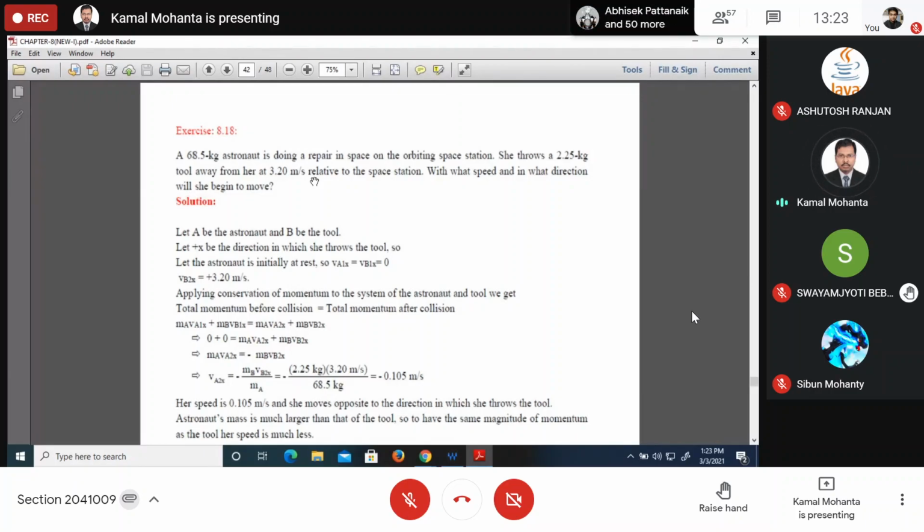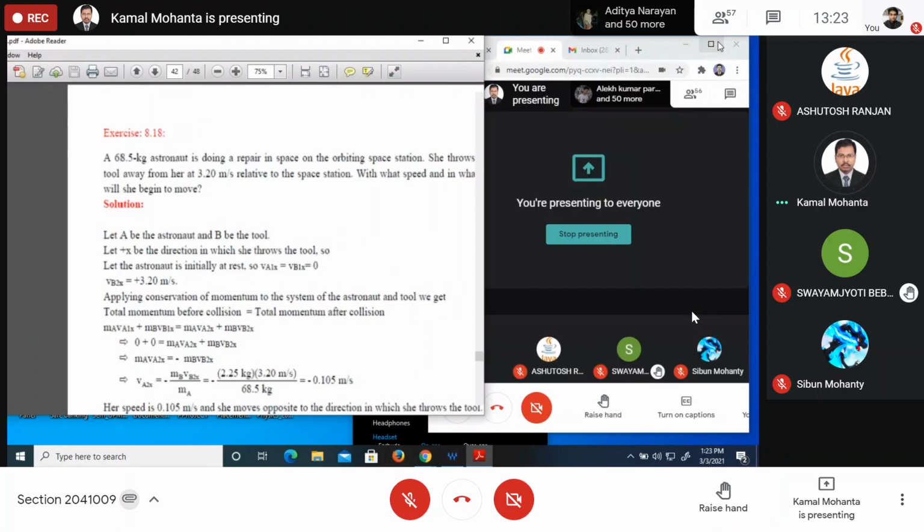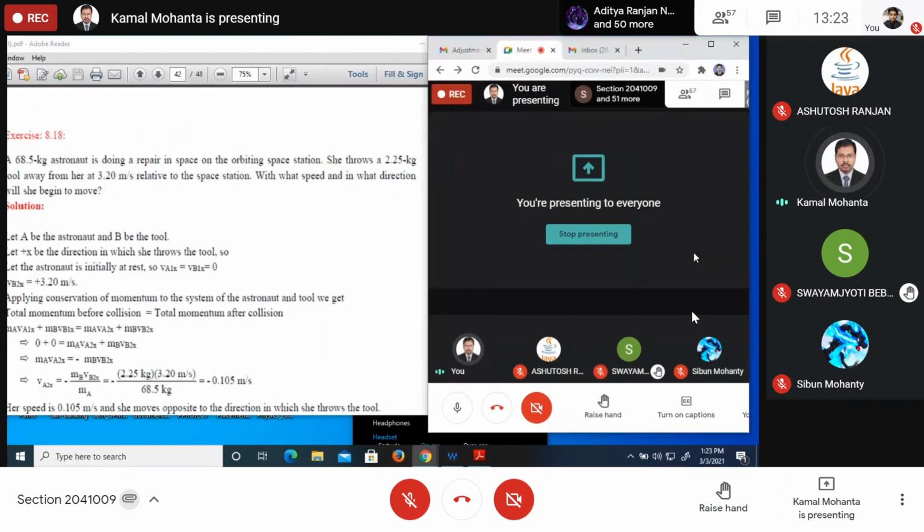You understand what I'm saying? Center of mass: the center of mass is a point at which the whole mass of the body is concentrated. That is the center of mass. So let us start with this topic. A rigid body is an idealization of a solid body.